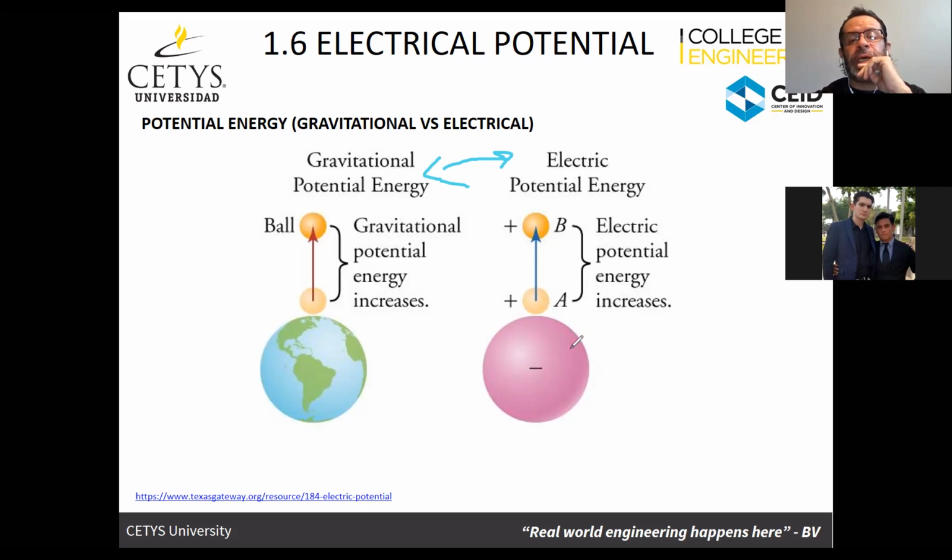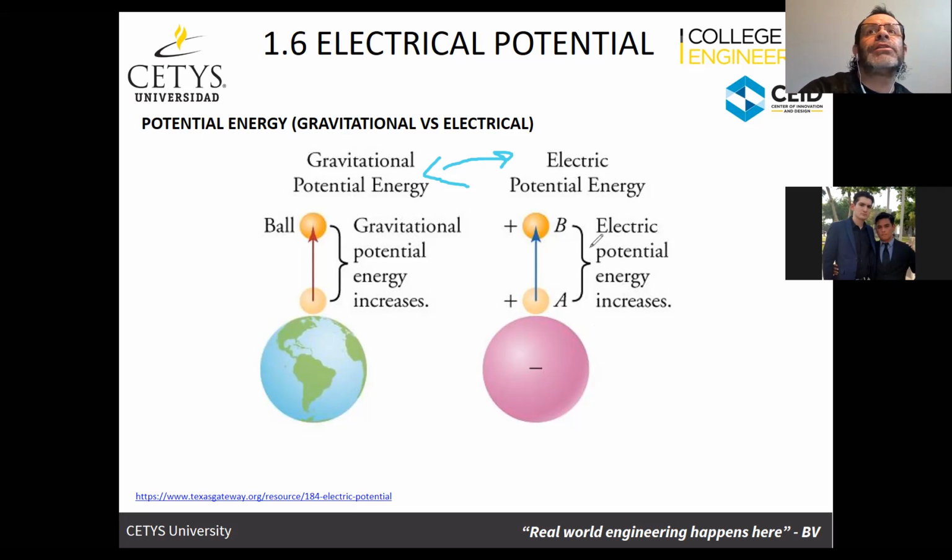In the case of electrical potential energy, there are many combinations because it depends on the signs of the charges. Depending on whether the charges are positive or negative, the electrical potential is going to increase or decrease.